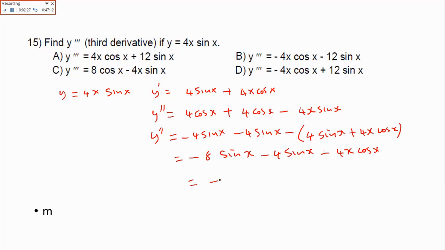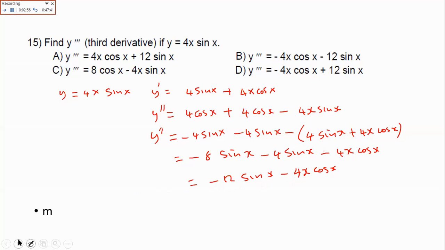So this can give us minus 12 sine x minus 4x cosine x. Okay, which one is the answer? I think it is B over there. Minus 4x cosine x minus 12 sine x, B. Okay? This is 4.